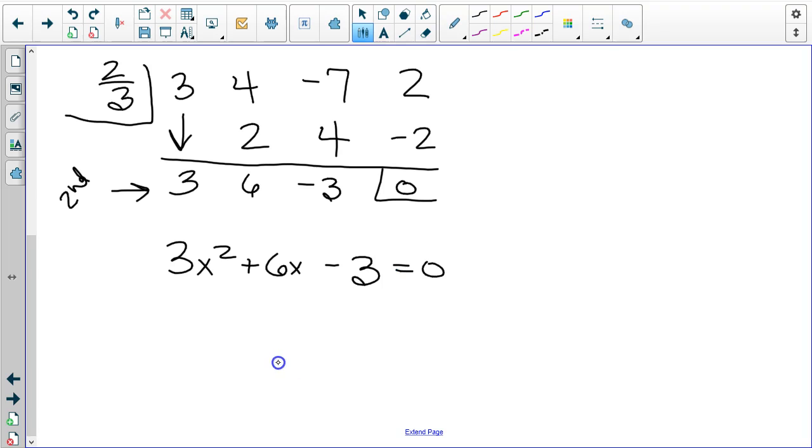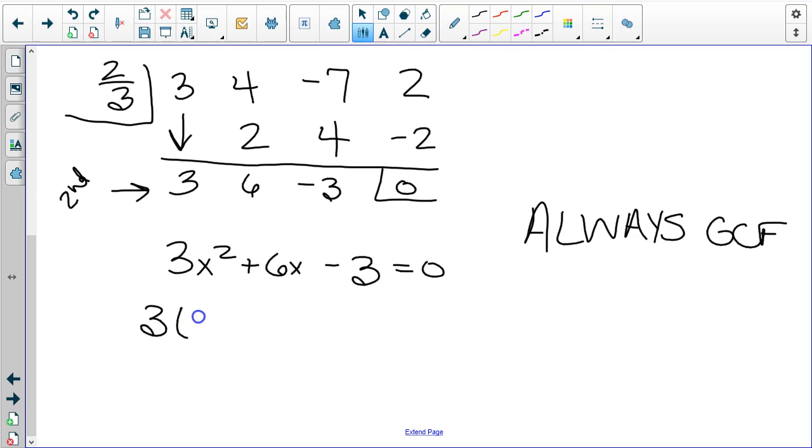Slide and divide, will that work? Always GCF first, and then if you still need to, you could do slide and divide. Which gives me 3 times x squared plus 2x minus 1.